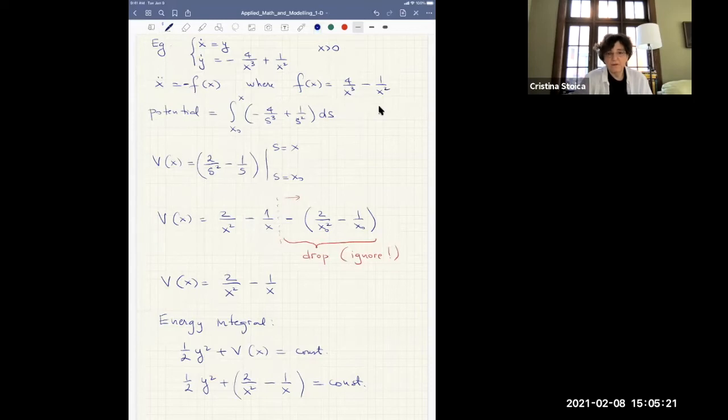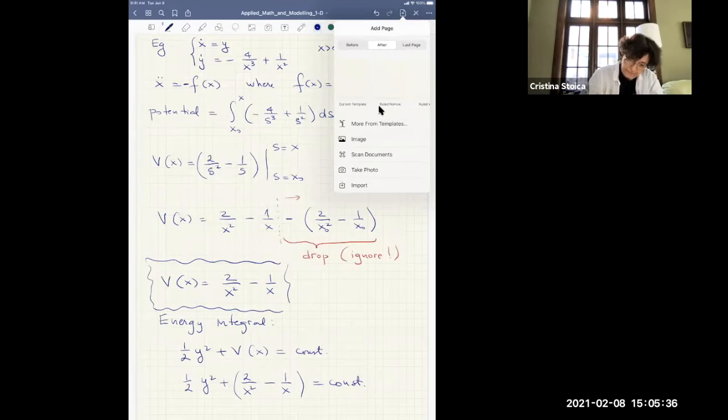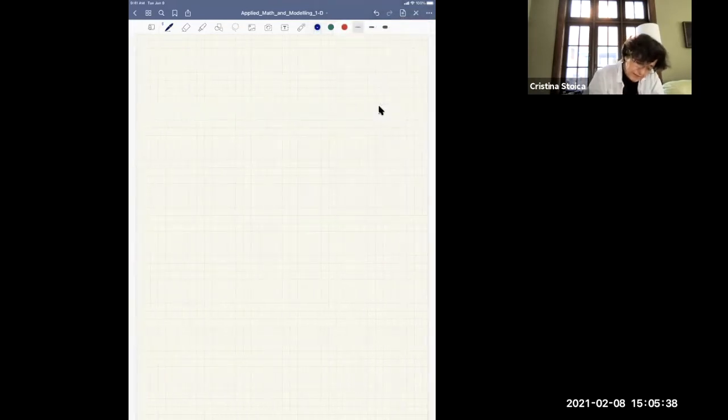Okay, so now we're coming back to the regions of motion. For the regions of motion, I'll take this fellow and draw it and comment on it. So once again, the reasoning is this one: 1 over 2 y squared plus V of x equals E, from where we deduce that 1 over 2 y squared is E minus V of x, which has to be positive, from which we have the main condition.